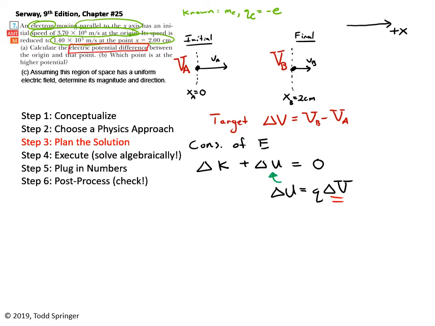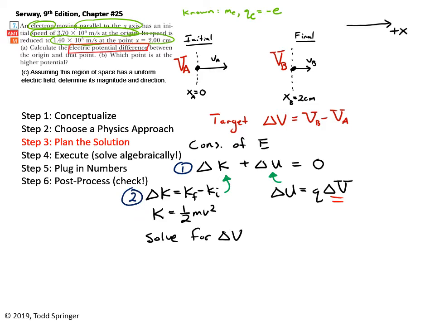And then the kinetic energy, delta K is K final minus K initial, with kinetic energy equal to 1/2 mv squared, and we're going to substitute that in here. So our plan is to start with conservation of energy, make those substitutions, and then solve for delta V. So we have a 2 or 3 step plan: 1, conservation of energy; 2, make these substitutions; and 3, solve for delta V.